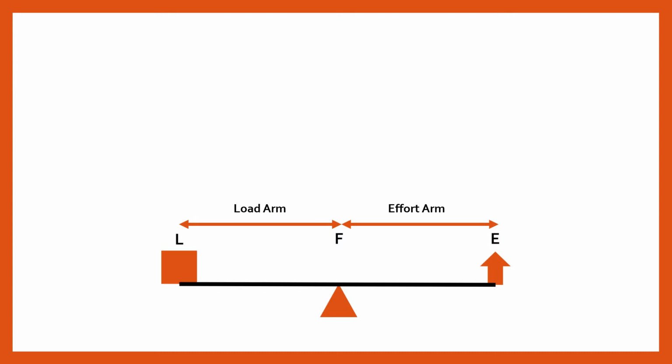Well, it all depends on the relationship between the load arm and the effort arm, which we've just defined. Each lever has a relationship or a ratio between the load arm and the effort arm that causes it to either amplify the force or amplify the speed of movement, but not both, just one or the other.